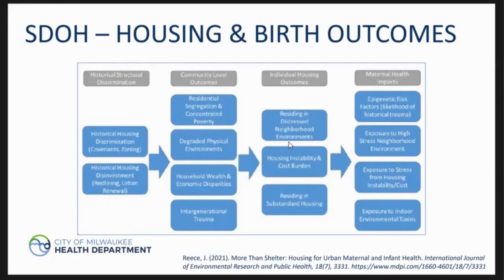These community outcomes keep going downstream and they hit those individual outcomes. This one's focused on housing here. Again, that rent burden, distressed neighborhoods, substandard housing, is your housing safe to be in? And then those feed right into our maternal health impacts. So we take these big historical things, they don't stop impacting our communities, and our communities are where our individuals are.